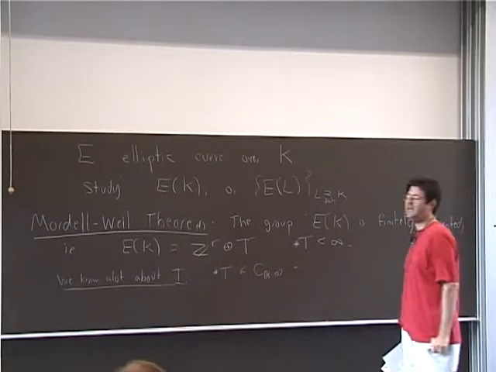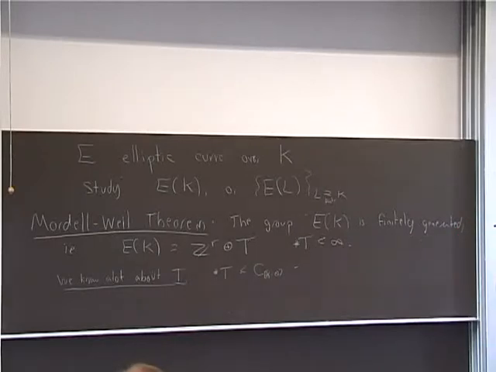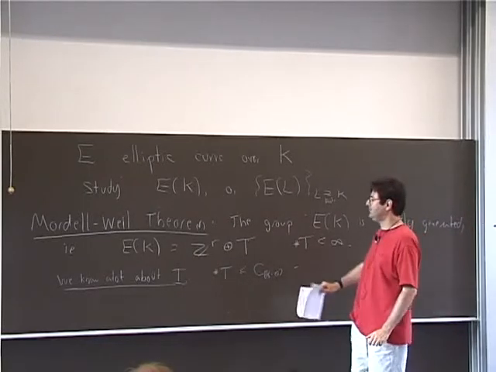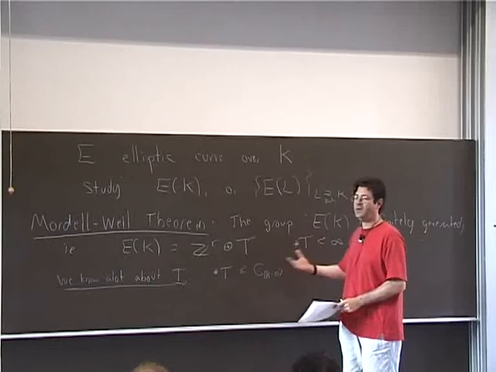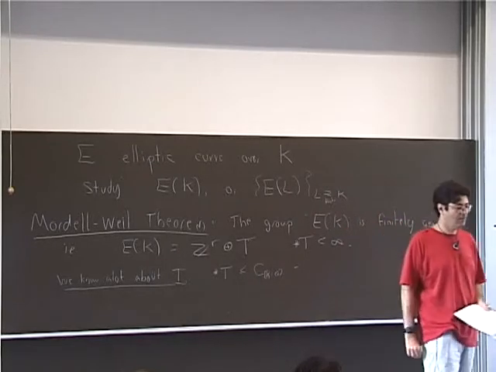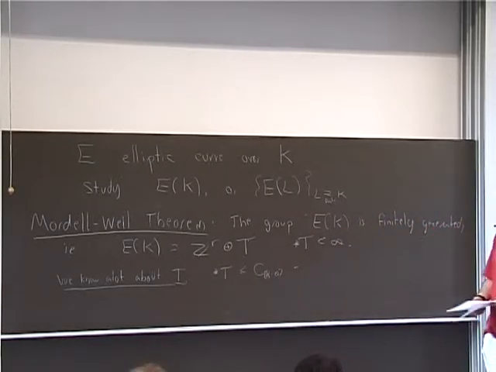In any case, for the game we're playing now, where you fix an elliptic curve and you try to study this torsion group, there are very good algorithms, very efficient procedures for calculating T given E and K. So from the point of view of the questions I want to discuss this week, the group T holds little mystery.